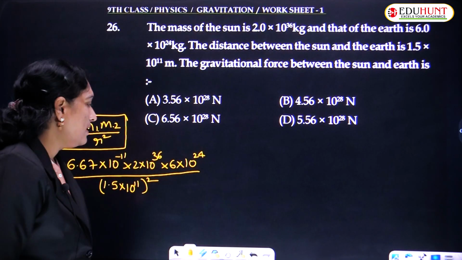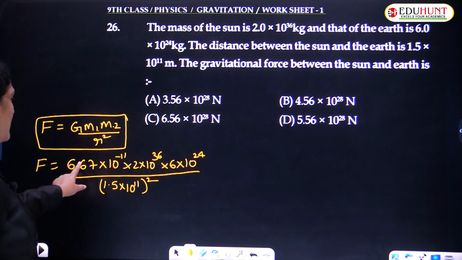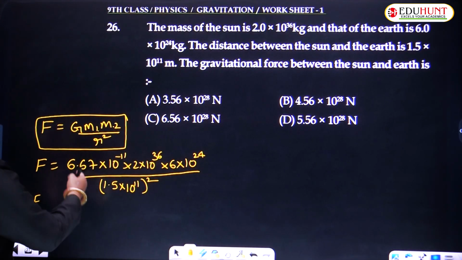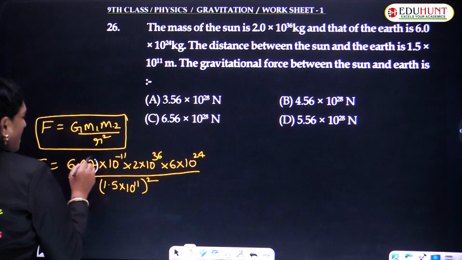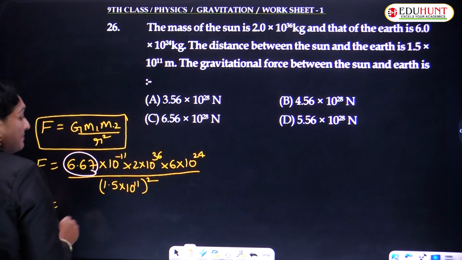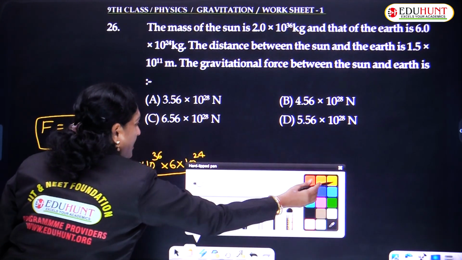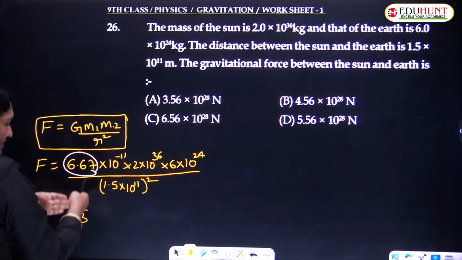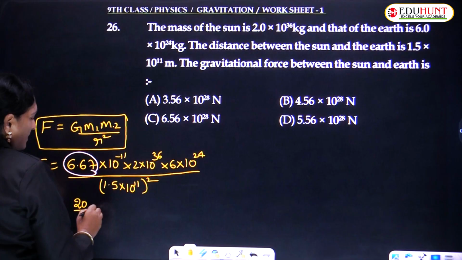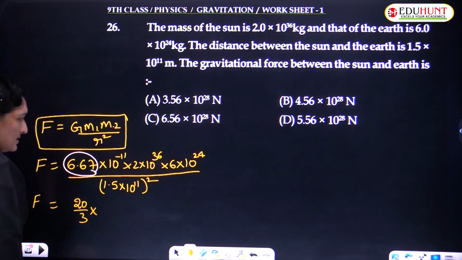I would like to simply substitute this as 20 by 3. And check it out. So, instead of 6.67, I am writing this itself as 20 by 3 for my simplicity, keeping all other values as they are.